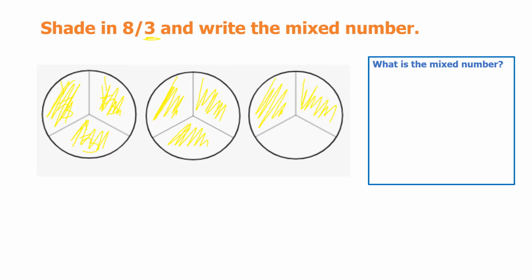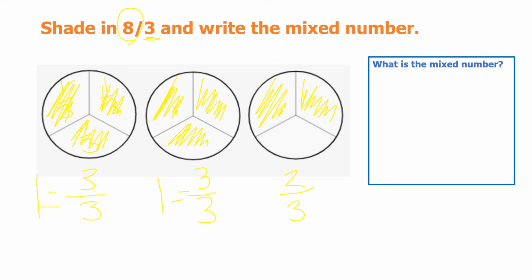All right, that's 8/3. So I went back and I'm looking and I'm saying, well, this is 3/3, so that's 1 whole. This I filled 3 out of 3, so that makes 1 whole. Here I have 2/3 shaded in.